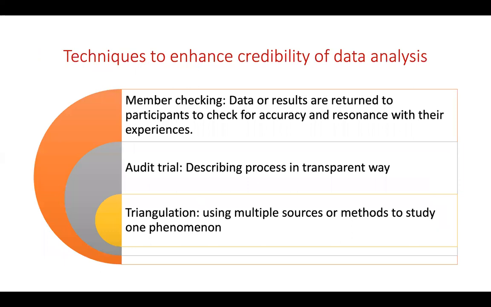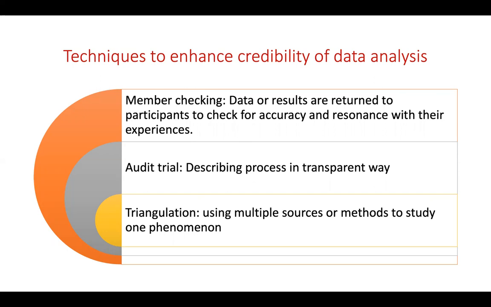So there are a few techniques to enhance credibility of data analysis. One of the biggest criticisms that qualitative research and qualitative researchers get is its subjectivity. So we want to minimize that as much as possible. To enhance the credibility, we can do member checking.